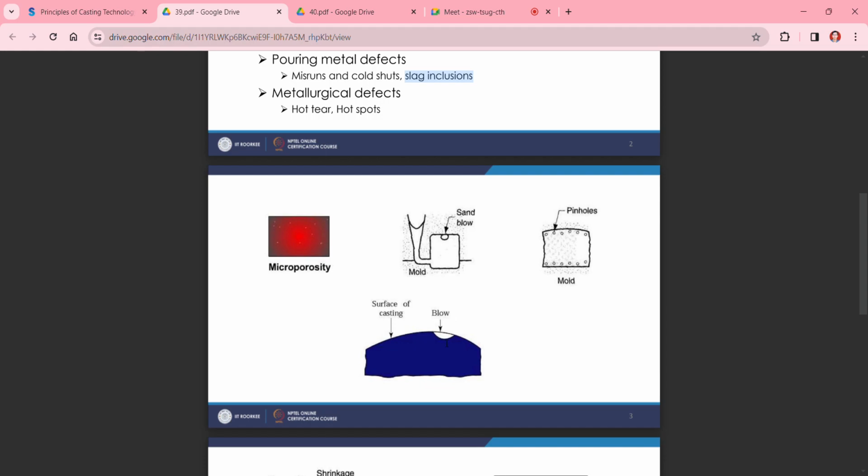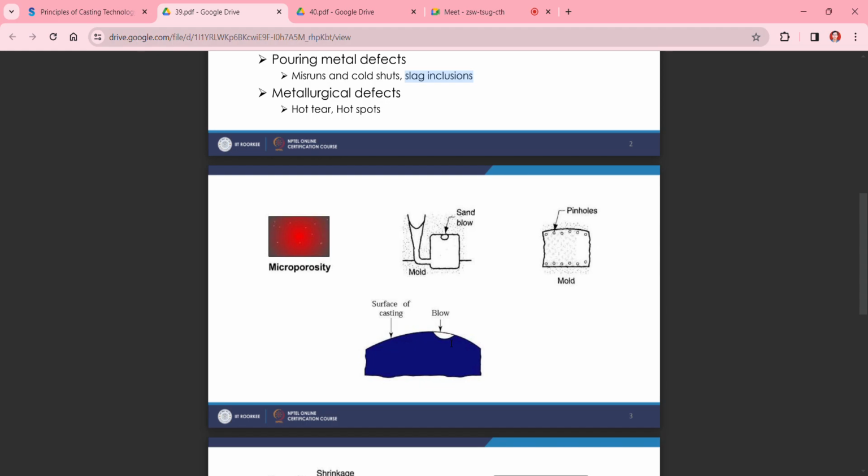That sand has penetrated inside this molten metal, and due to that penetration, the molten metal has not been able to solidify in this area. That will create a blow on your castings, and if you want to remove this defect, there is no other option than to cut the casting from here. So that blow is going to get removed from your casting.